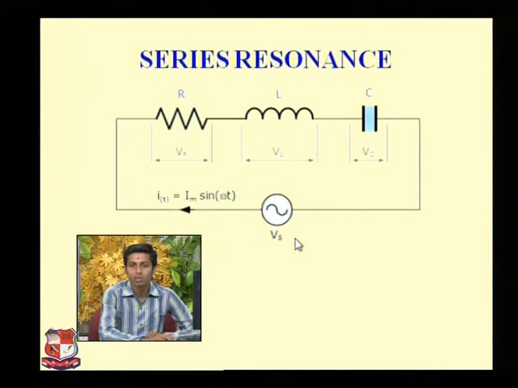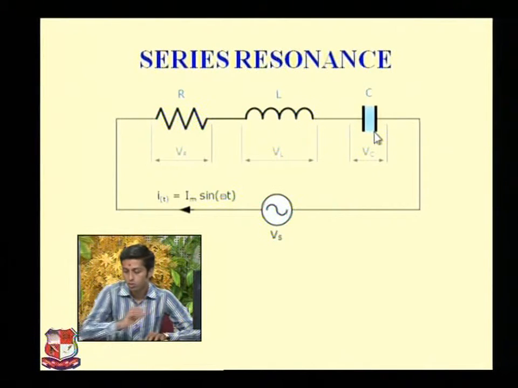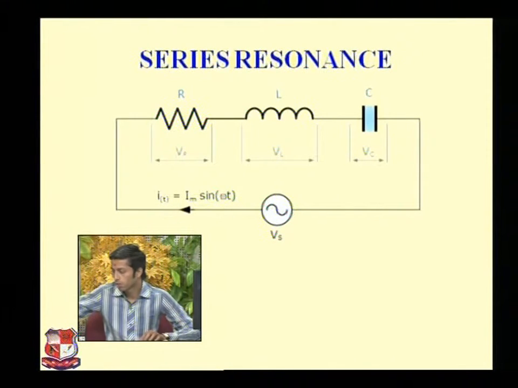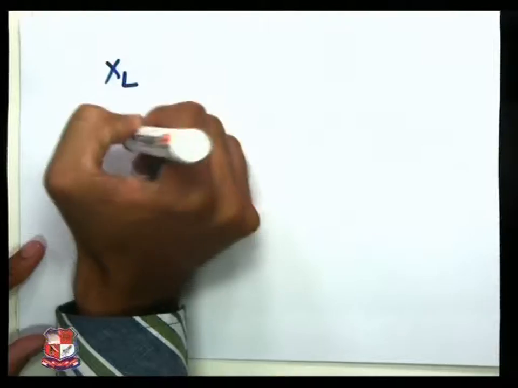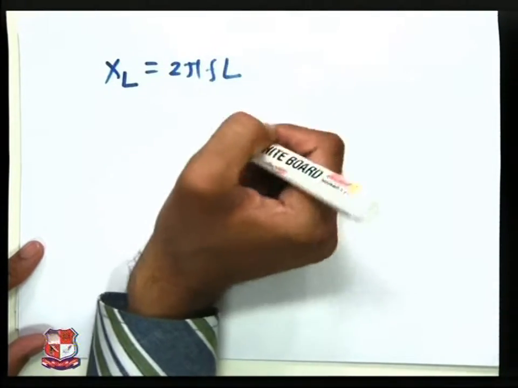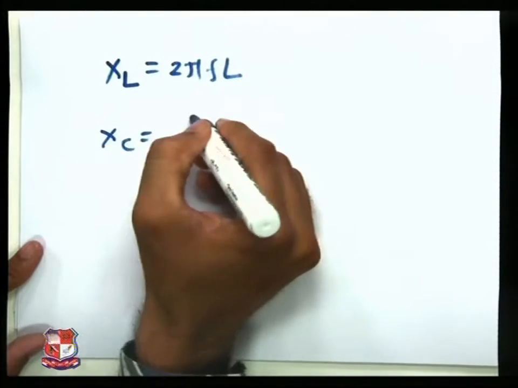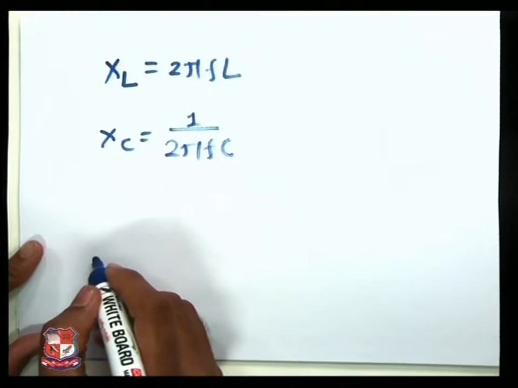So when we apply an AC voltage with variable frequency, the reactances XL and XC change. The value of inductive reactance XL is 2 pi FL, and the value of capacitive reactance is 1 upon 2 pi FC.